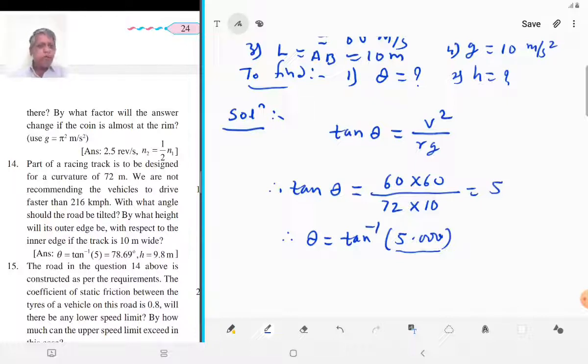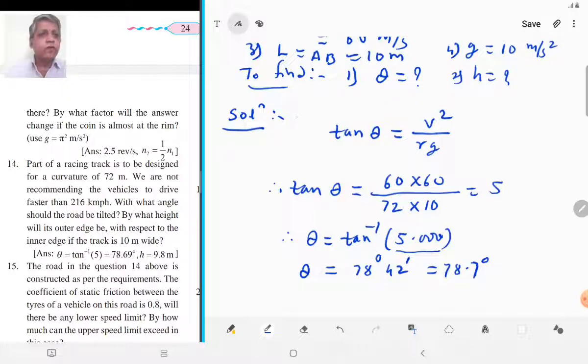Therefore the angle is 78 degree 42 minutes, that is equal to 78.7 degree. This is our required answer, theta. This is the angle of inclination of the road surface.